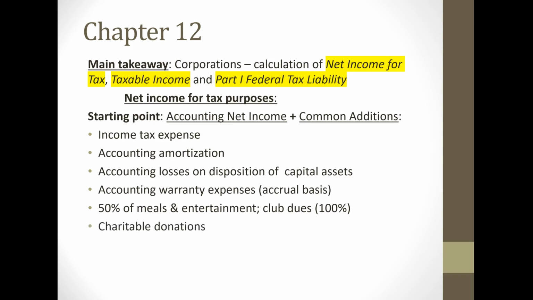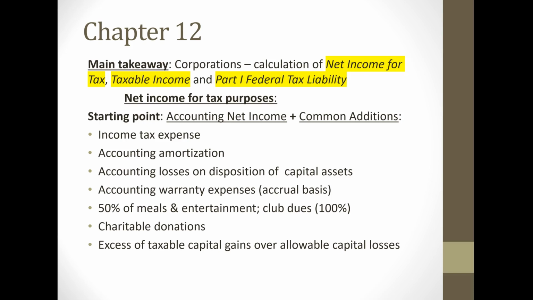Moving on. Charitable donations. Now, we have to add it back when we calculate net income for tax purposes, but what we'll see later on is that we can make an adjustment for charitable donations when we calculate taxable income. Now, this is the excess of taxable capital gains over allowable capital losses.